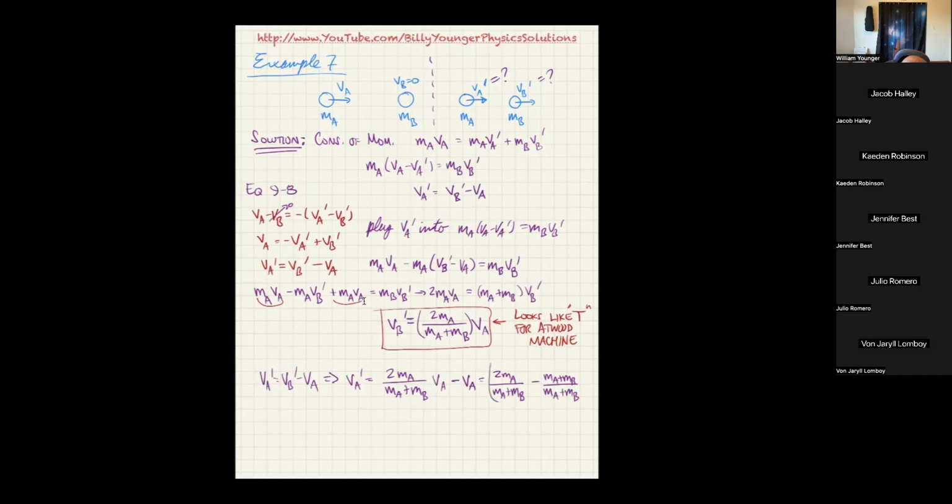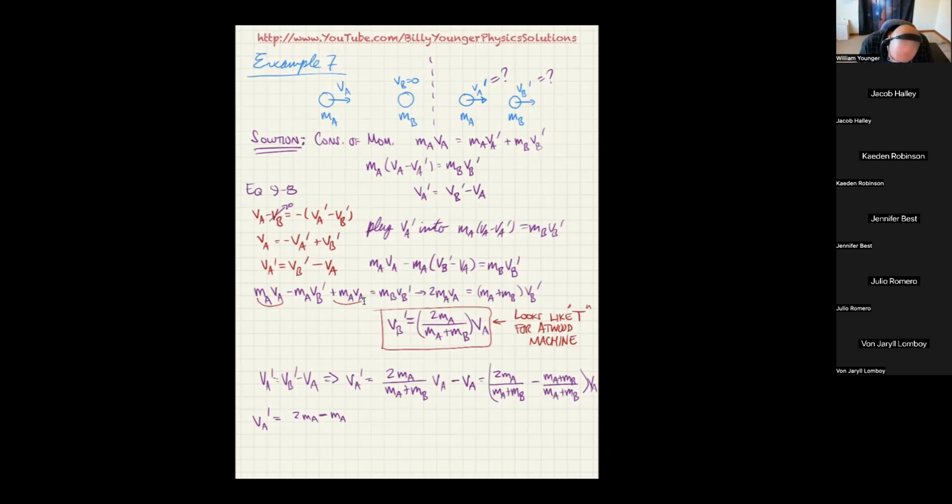And then remember, I did factor out a VA from both of those already. So now we can just combine them and say VA prime is equal to, now I have one common numerator, 2MA minus MA. Remember that minus sign is in front of a fraction, and the fraction bar acts like a parenthesis. So that minus sign has to be distributed as well.